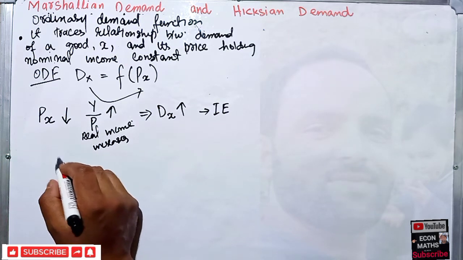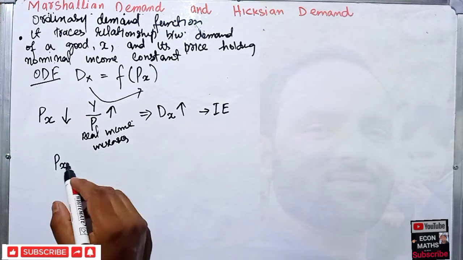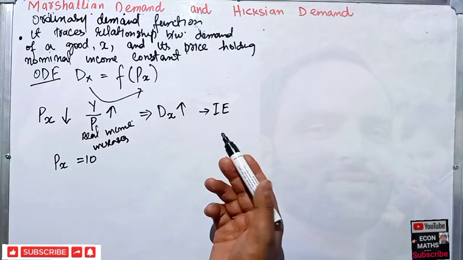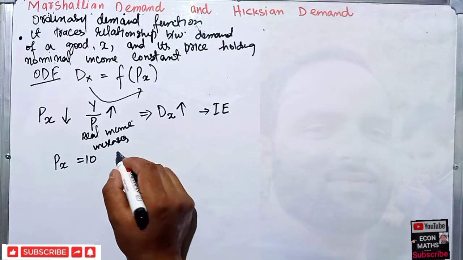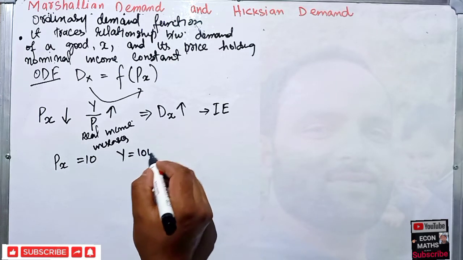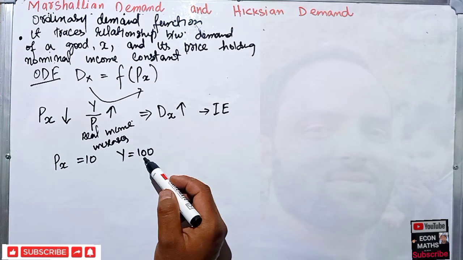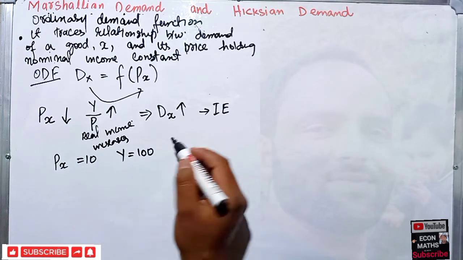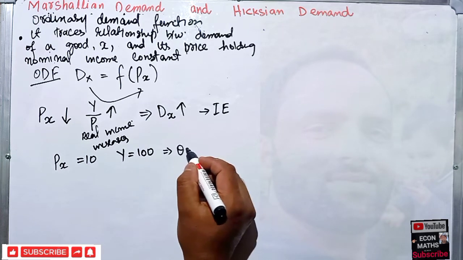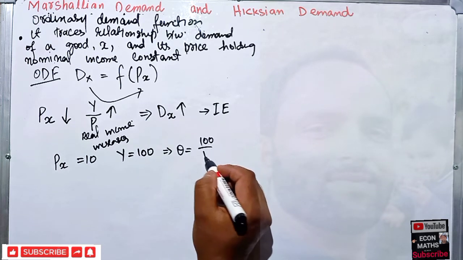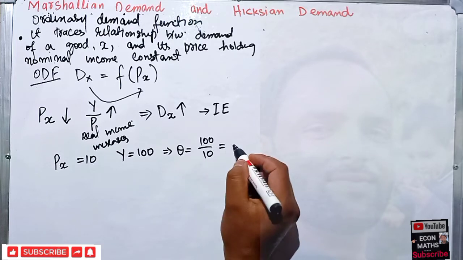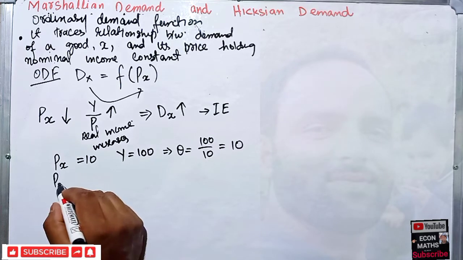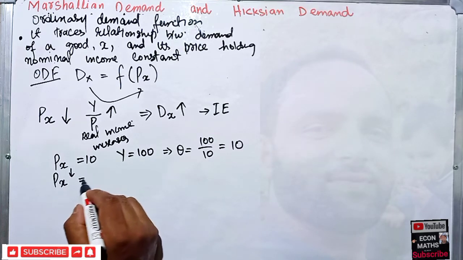I will give an example to show how the income effect actually works. Let us say price of good X was 10, and income of the consumer was 100. With 100 as the income and price of good X as 10, quantity demanded would be 100 divided by 10, which means he can buy 10 goods. Now let us say price of X has decreased to 5.